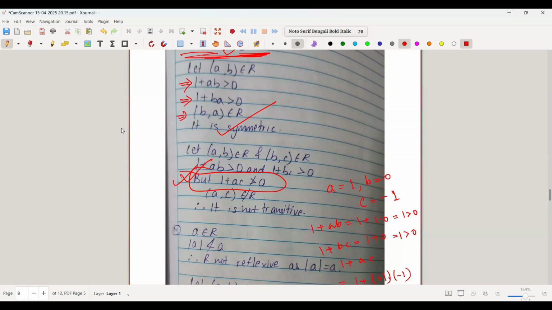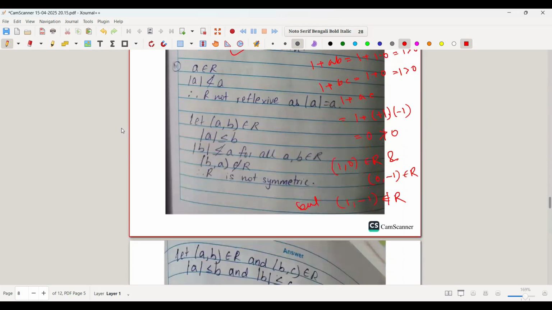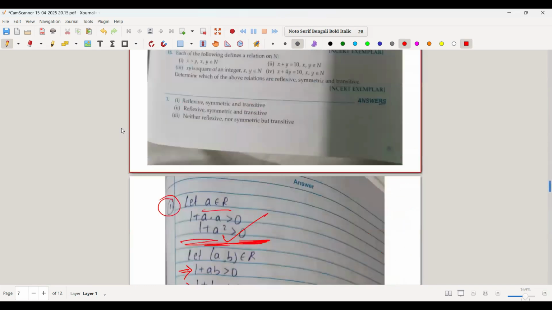I have already shown that for some A, B and C, 1 plus AB greater than 0 and 1 plus BC greater than 0 does not imply that 1 plus AC is greater than 0. By this example we are concluding that R is not transitive.